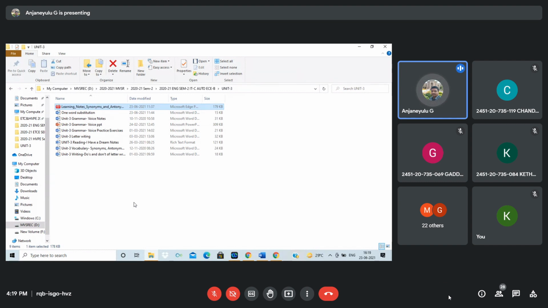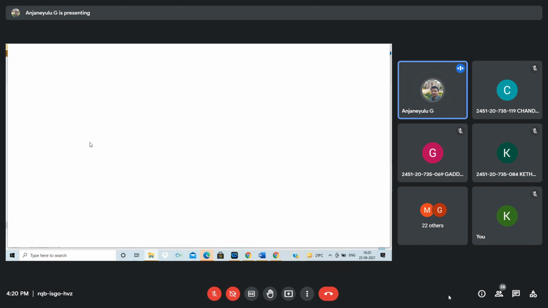In vocabulary, you have to improve the word power when you use words and expressions, in written part or any communication. You need to improve the base of these synonyms, antonyms.